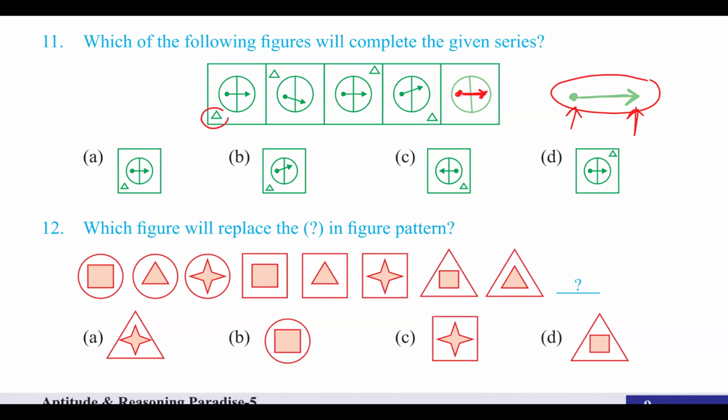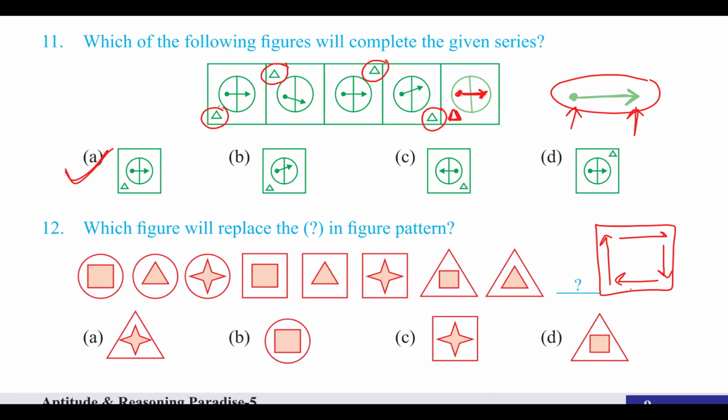Firstly, it was at the left corner downwards, then it moved to the left corner only but upwards, then to the right corner upwards, then to the right corner downwards. So it is moving in which direction? This direction. Yes, Inaya, that's correct. So which should be the next place of the triangle? It should be this, which matches option number A.